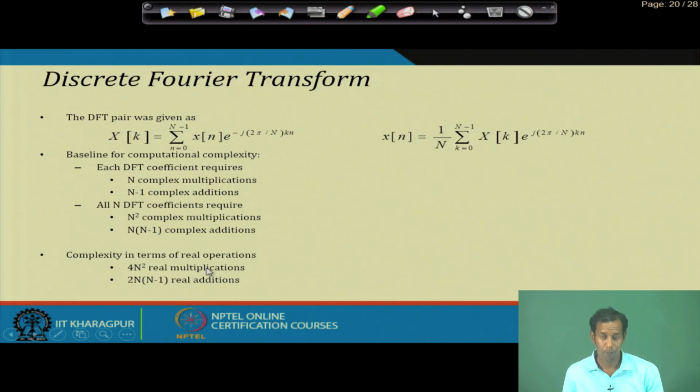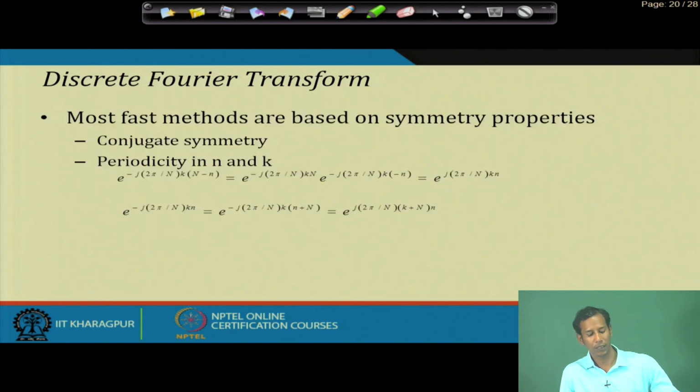If I consider that 8 point FFT, it requires a huge amount of hardware. As we use more multipliers and more addition operations, this will consume more power, and the speed will also be on the lower side.